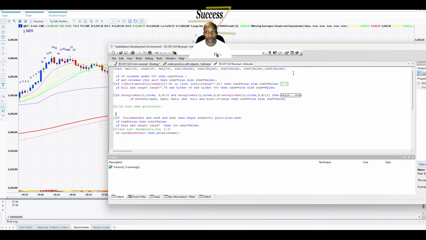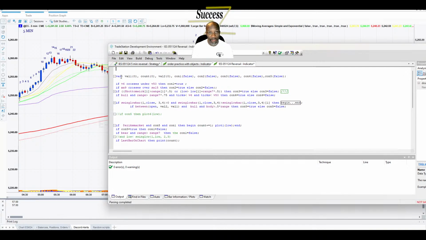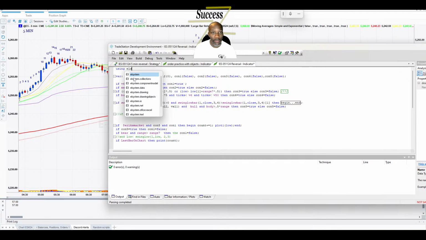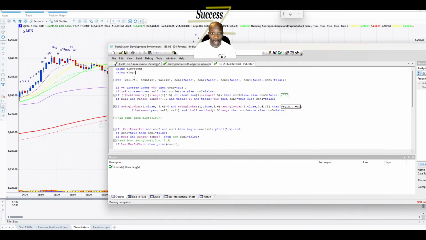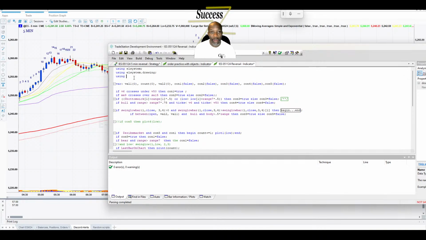So what I'm going to do up here is add a few more things to the chart, and then that way, instead of a cross, we can have the words. So we're using system. I wish there was a way to make it so I had shortcut keys, so I didn't have to write all this over and over, but I don't know of one right now.